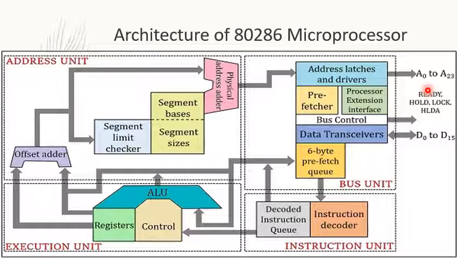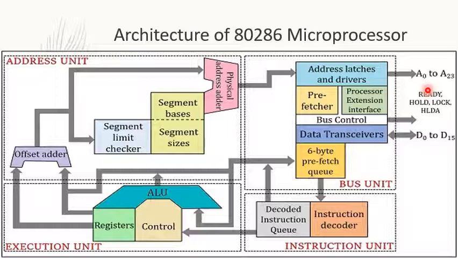Generally, the instructions are fetched in advance and stored in a queue for faster execution of the instructions. This concept is known as instruction pipelining. Hence, to fetch instruction, the CPU will not wait till the completion of execution of the previous instructions. While one instruction is being executed, the subsequent instruction is prefetched, decoded and kept ready for execution.